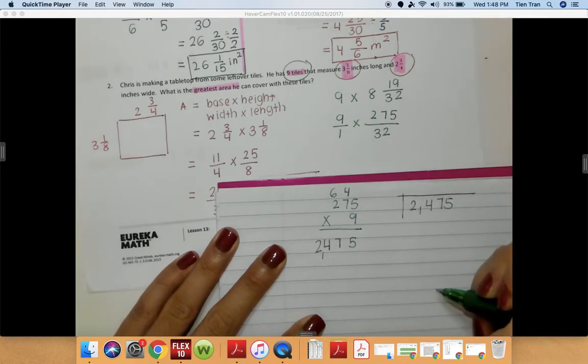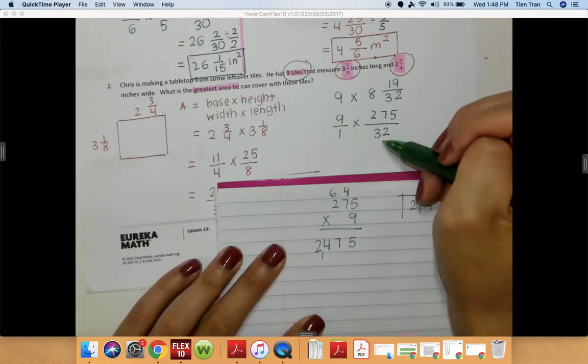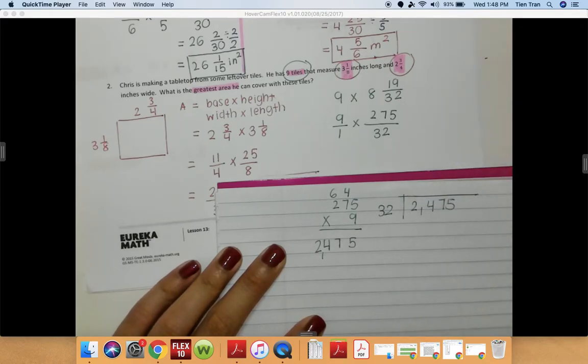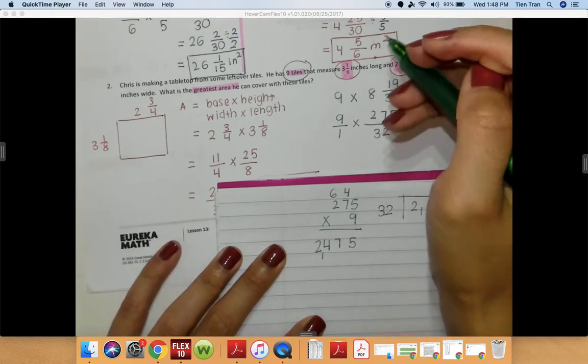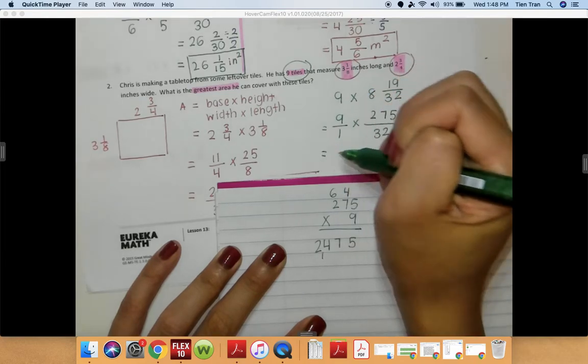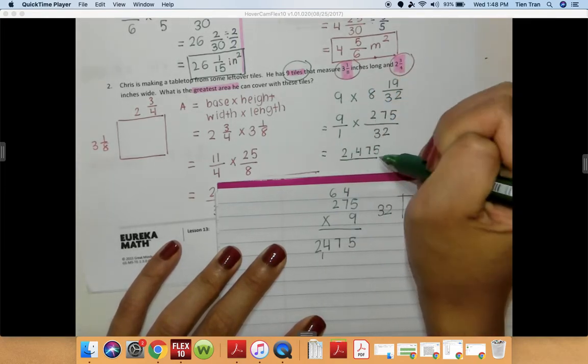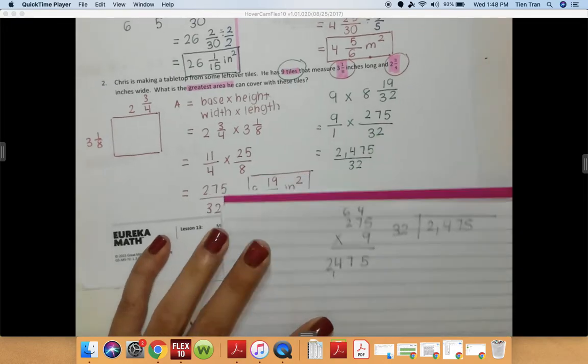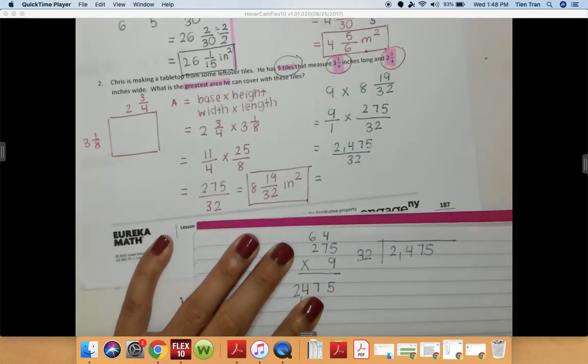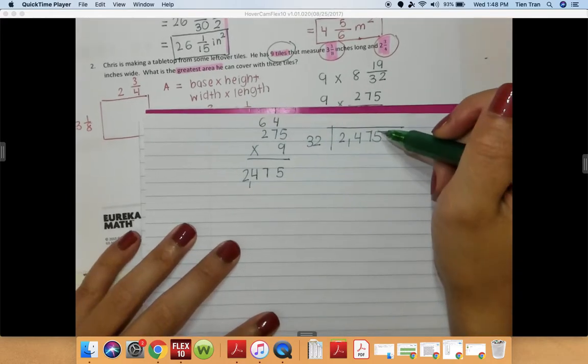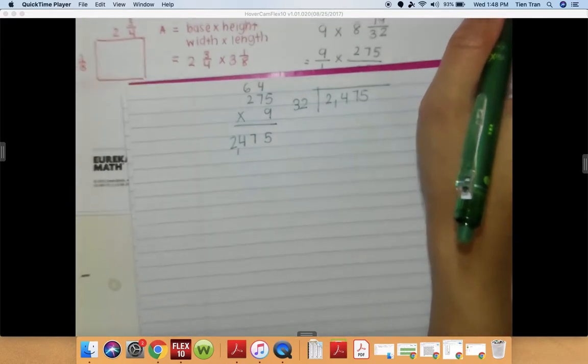Now I need to divide that by 32. I should write that down here for you guys so you can see it. 2,475 divided by 32. And now this is our next step. We're figuring out how many times 32 goes into 24.